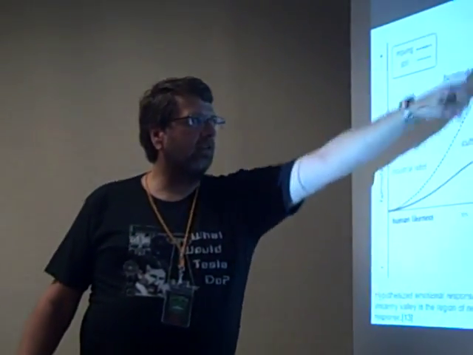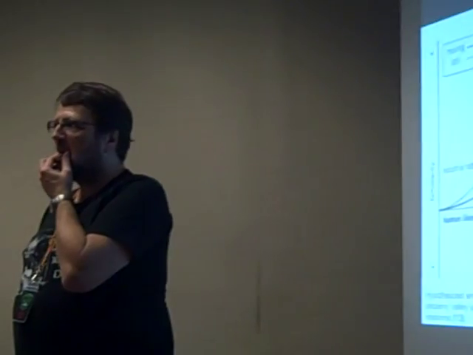Movement amplifies the emotional response. So if you're sitting there still and you're just talking about a doll that's not moving, the curve's much flatter. We're talking about robots, we don't care about the flat one, right? We care about it's got to move right, it's got to talk right, it's got to sound right, it's got to animate correctly. And the response is much stronger. That's the dash line.